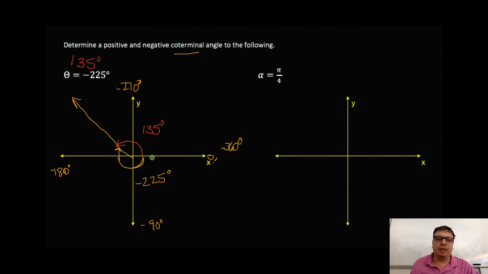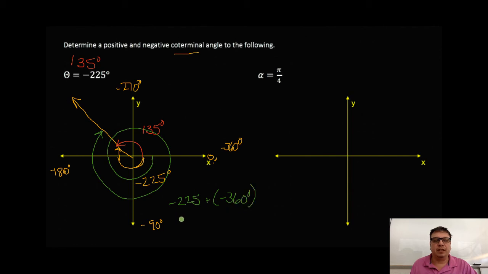So instead of me going straight to this coterminal side and stopping, I'm going to continue my rotation and go all the way around again. So that means I've gone negative 225 degrees, and I've also gone an additional negative 360 degrees.